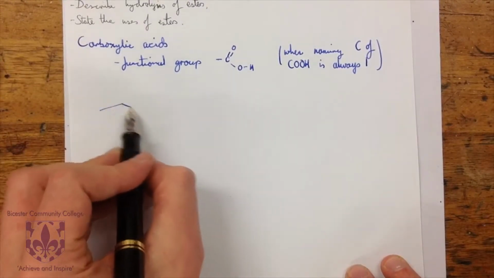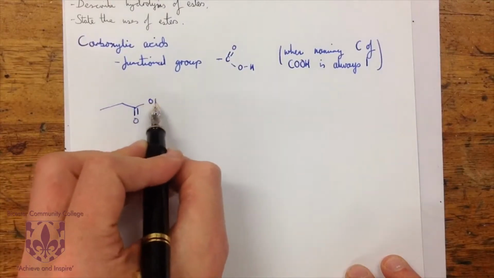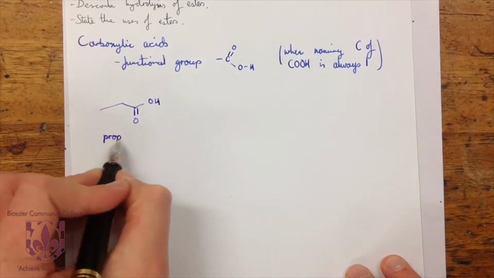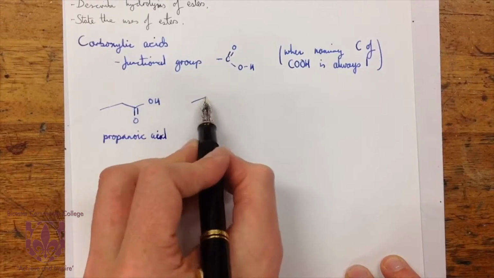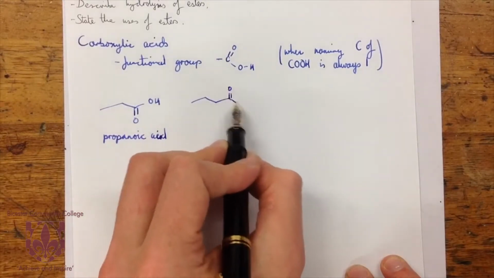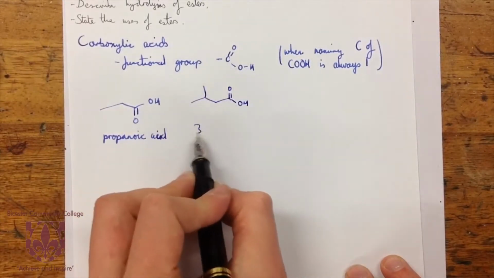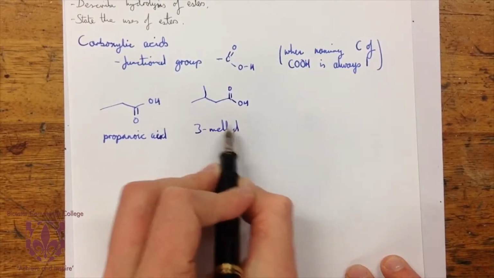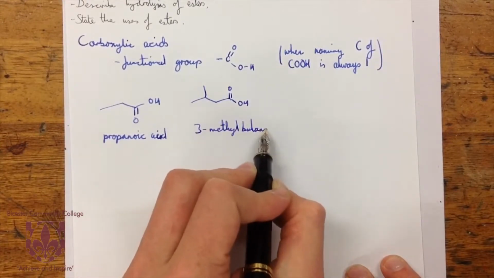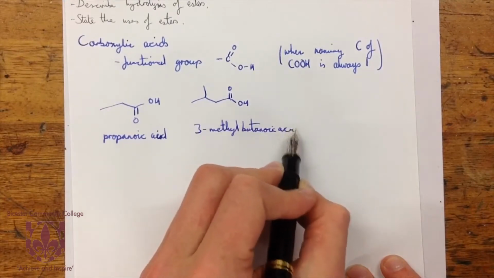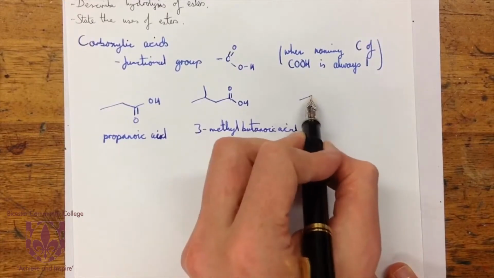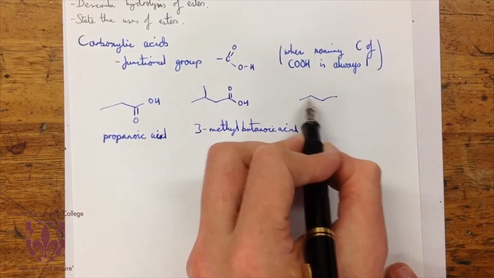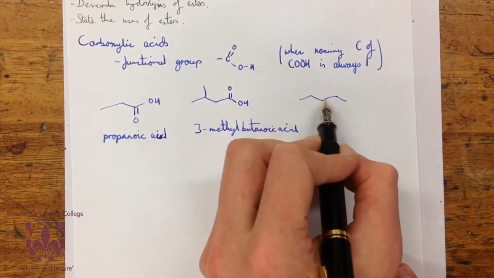Okay, so let's have a look at a few quick examples. Should be pretty straightforward. Propanoic acid, 3 carbons, nice and easy. This one, 3-methylbutanoic acid. And then let's go for a slightly trickier one: 1, 2, 3, 4, 5, 6.